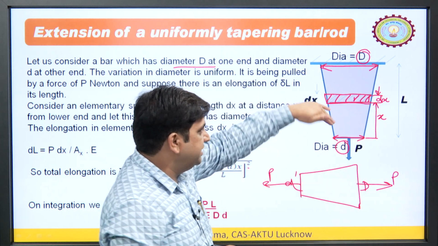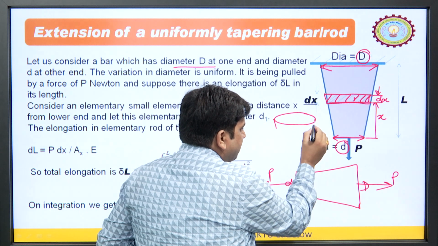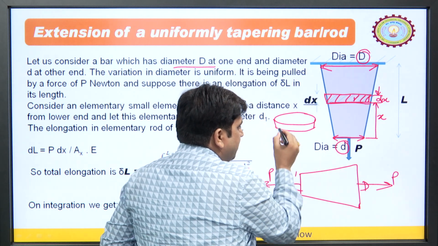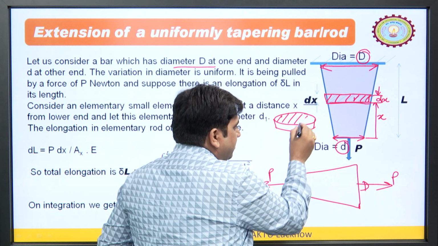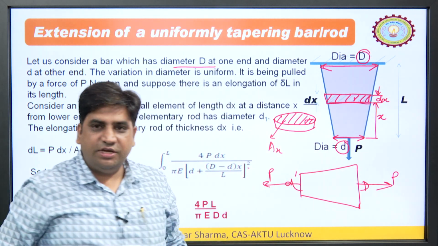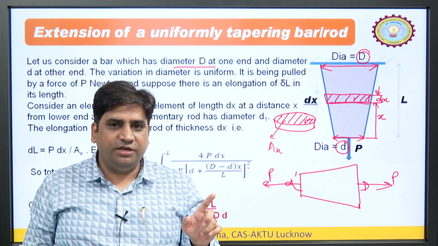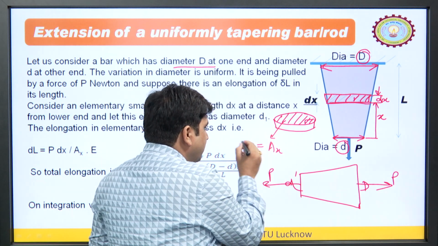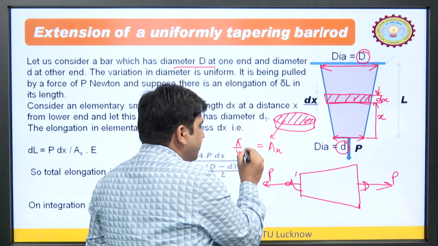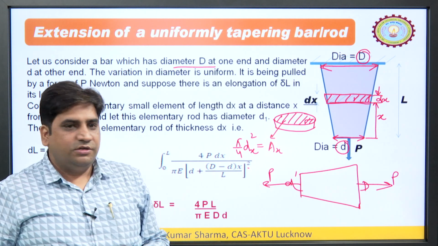So, this is the area. It means area depends on the diameter. It is circular, so what would be the area? That would be equal to pi by 4 multiplied by dx squared.